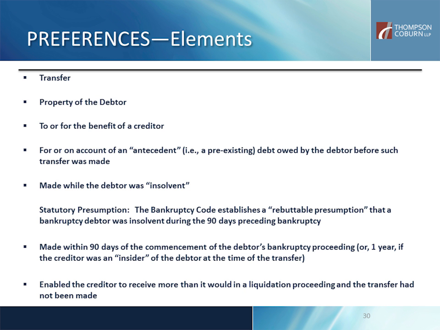By and large, if you're a trade creditor who's getting payment within the 90 days of debtor filing for bankruptcy, and you're getting paid on account of your existing invoices, meeting the prima facie elements, that's the case that the bankruptcy estate has to prove a preference, it's going to be fairly easy to make.